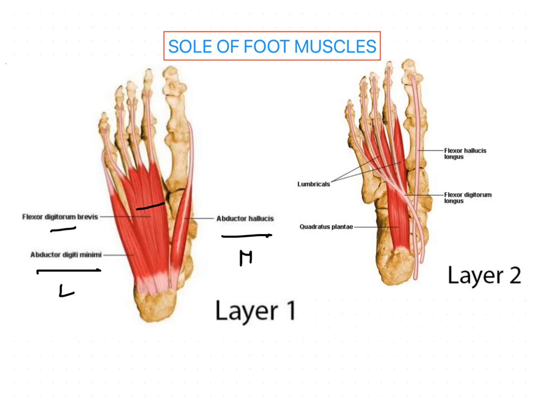If you move on to the second layer, it consists of 2 muscles and 2 tendons. One is the flexor accessorius muscle, and the next is the lumbricals.